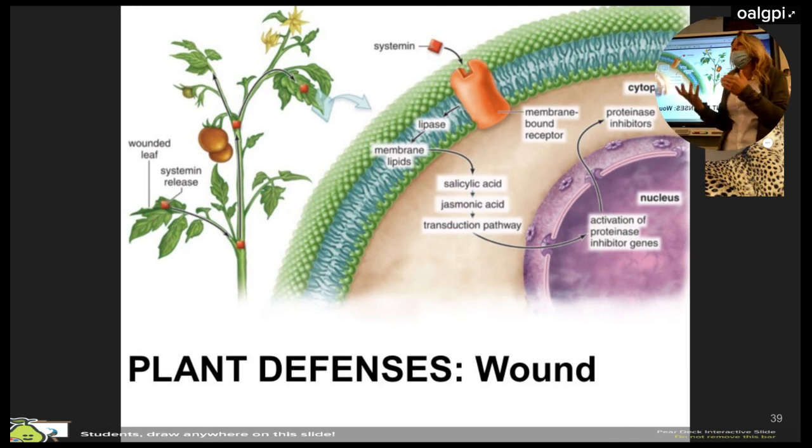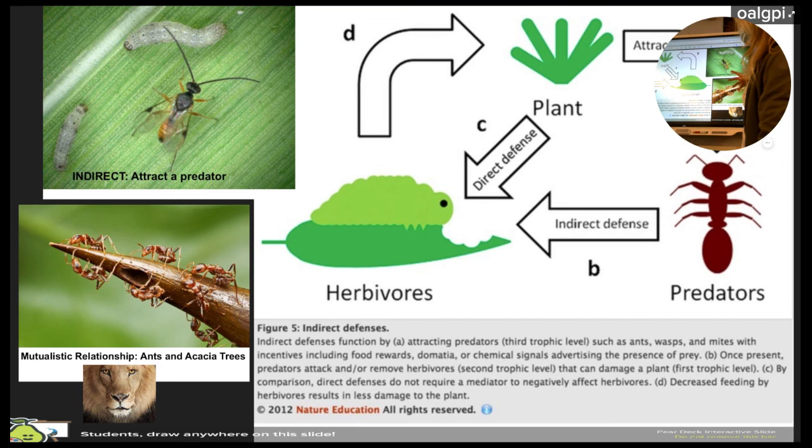You might release a toxin or a poison to impact that herbivore. And remember, the enemy of my enemy, what? Finish the sentence. Is my friend, right? So then you would call them in. We looked at mutualistic relationships, the classic acacia tree and ants.